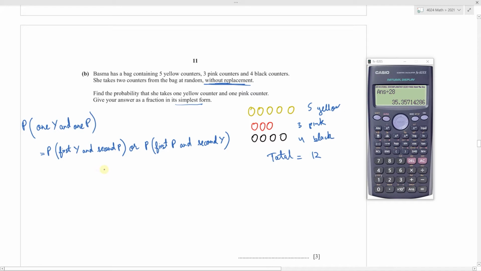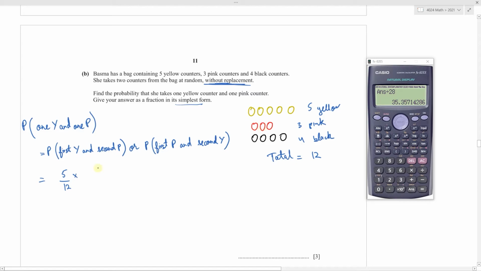Both ways you will end up with 1 yellow and 1 pink counter. So what is the probability that first is yellow? You have 5 yellows out of the total 12. So now you have taken out 1 yellow, and second one is pink.